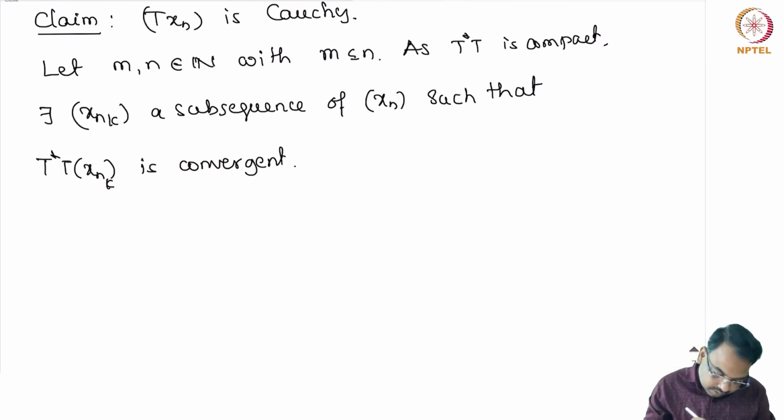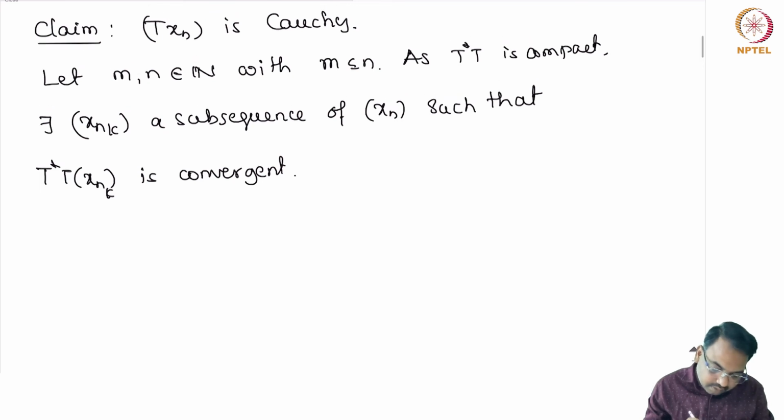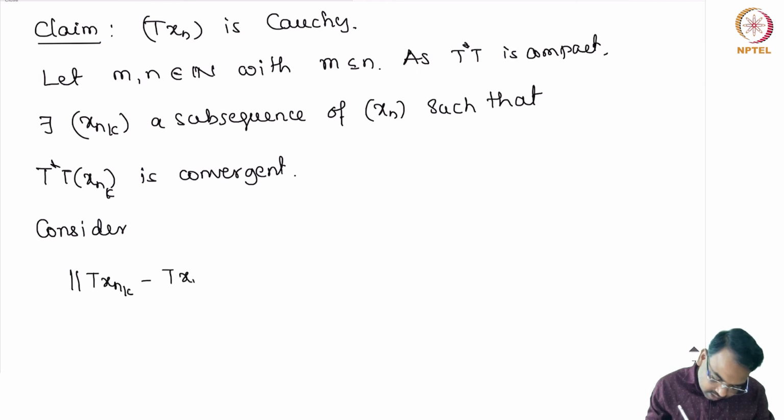Okay, so let us look at norm of T xnk minus T xnl square. Here we can take k and l instead of m and n, k less than or equal to l.